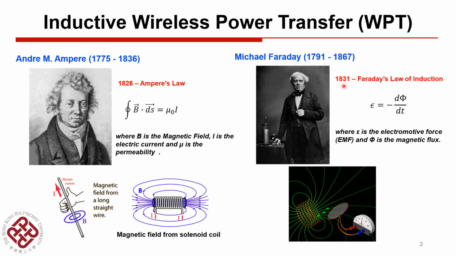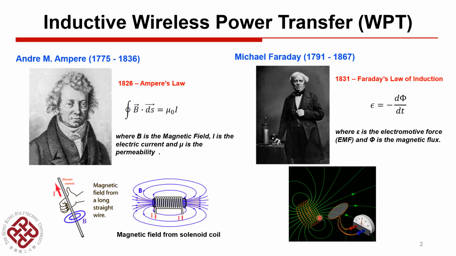Five years later, after the invention of Ampere's law, Michael Faraday invented Faraday's law of induction. That tells us the time-variant magnetic fields will create an electromotive force. Suppose you have a primary coil with a time-variant current flowing on it.